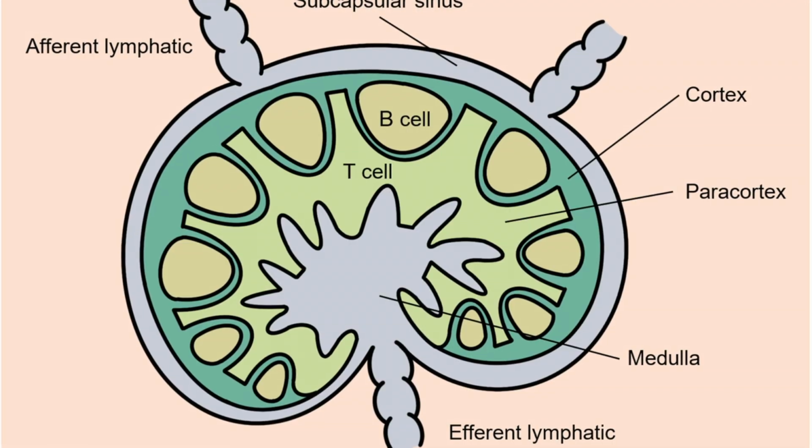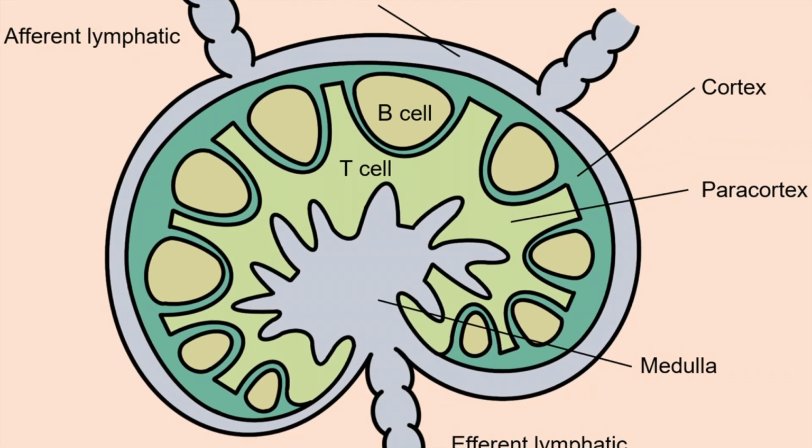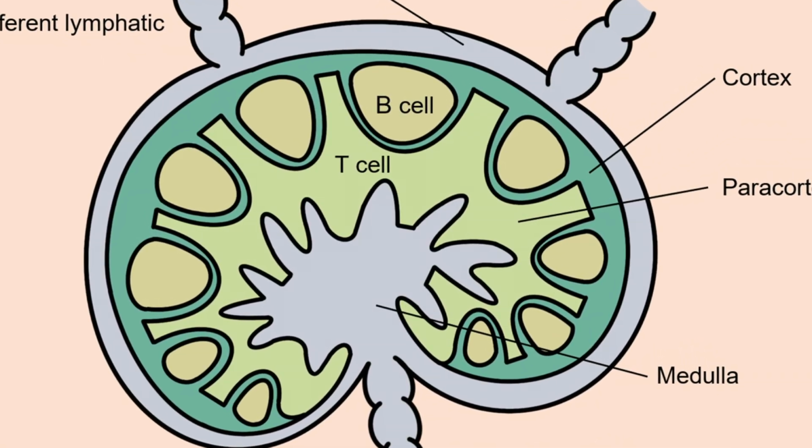And this B cell will then go down to the T cell area and wait for a T cell to see if it can recognize the peptide sequence of the pathogen that it just ate off of the follicular dendritic cell.